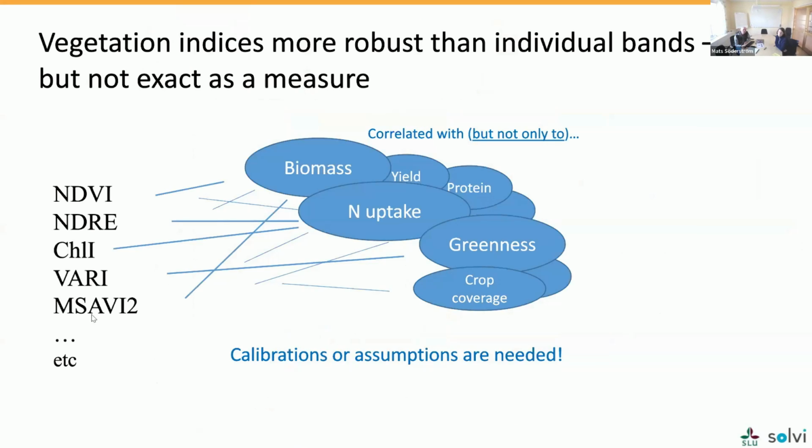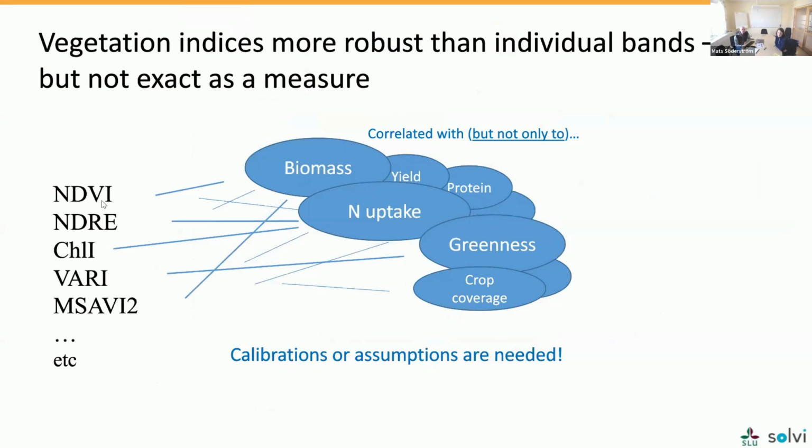So there are many different indices, and if you look in the research literature, you will find that people are trying to use some of these for almost anything. It depends on what kind of sensor you have, more or less.